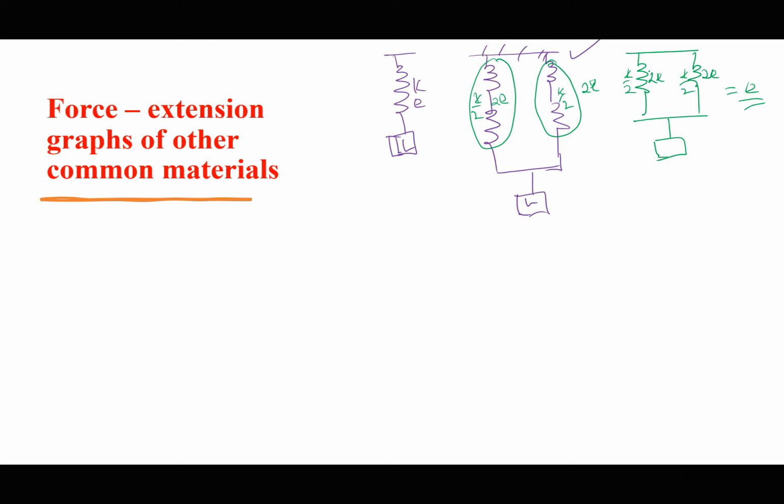We have seen that when springs are in parallel, total constant is got from the sum. So K total will be K over 2 plus K over 2, which means it's going to be 2K over 2, which is simply going to be K. So the whole system has total extension as E and total constant as K.